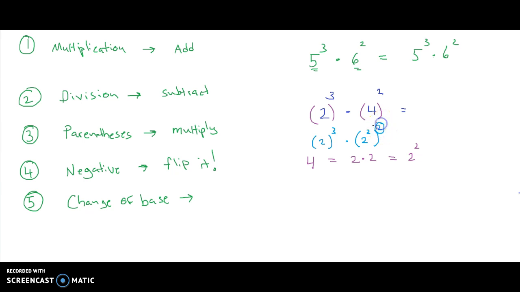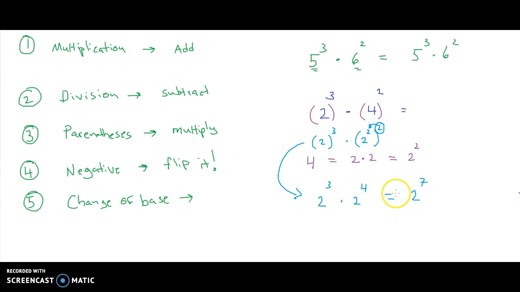We would just do 2 times that 2. So this whole thing in the blue boils down to this. 2 cubed times 2 to the 4th power. And then finally, last step we can add those exponents because the bases are the same. So 3 plus 4, 2 to the 7th would be the answer.